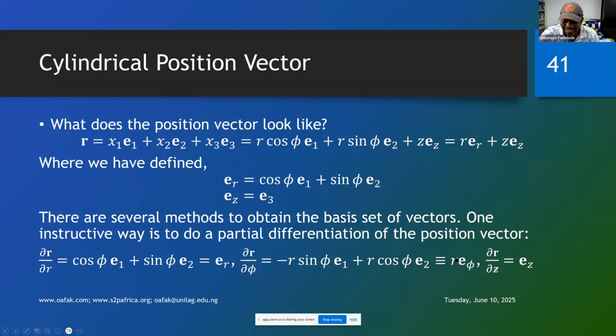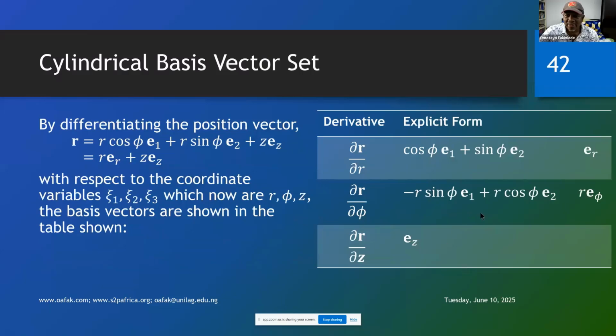If we define that as R e_phi, it then means that e_phi will simply be minus sin phi e1 plus cos phi e2.